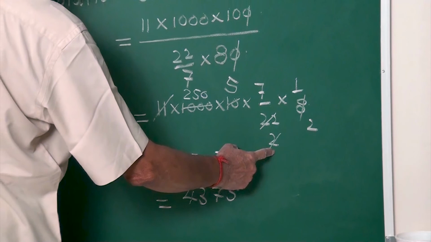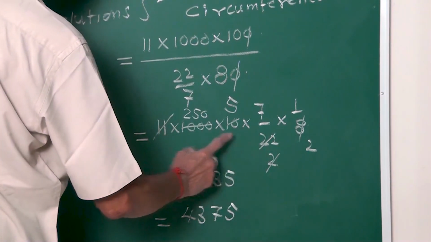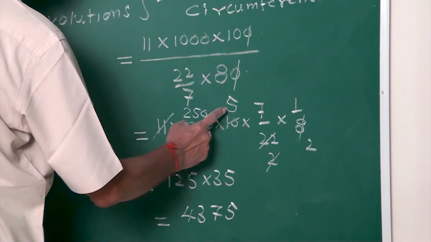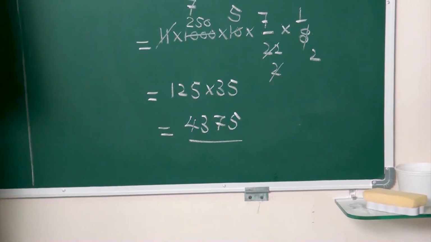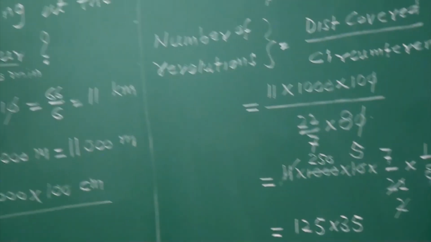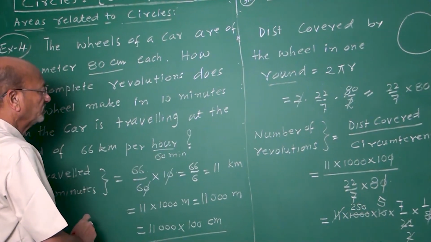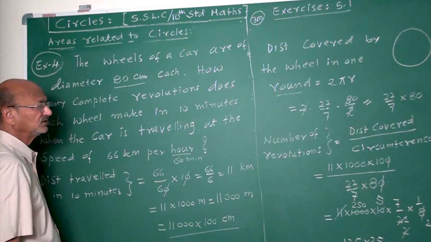This is 4, this 250. 250 into 35. If you simplify this, you get 4375 revolutions by this wheel in 10 minutes when it travels at 66 kilometers per hour.